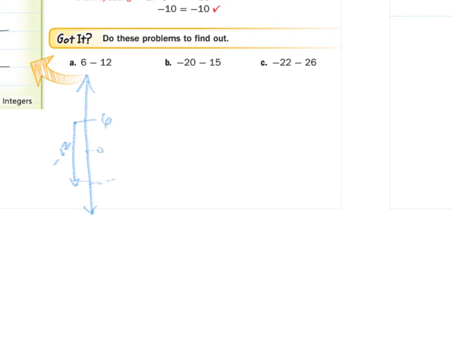We're going to be at negative 6. So we have a directional arrow. We went 1, 2, 3, 4, 5, 6, 7, 8, 9, 10, 11, 12. We got down to negative 6. So 6 minus 12 equals negative 6.